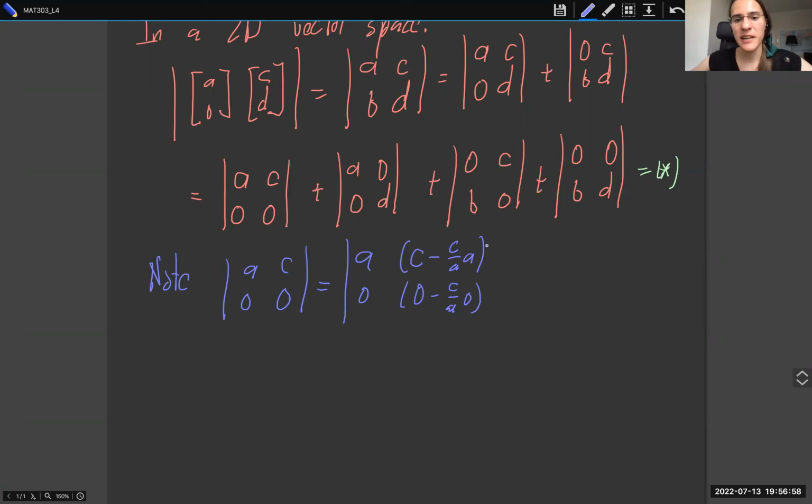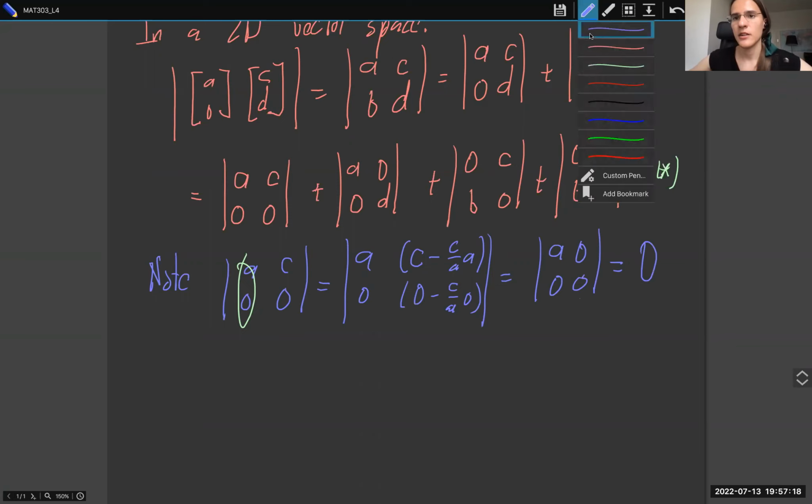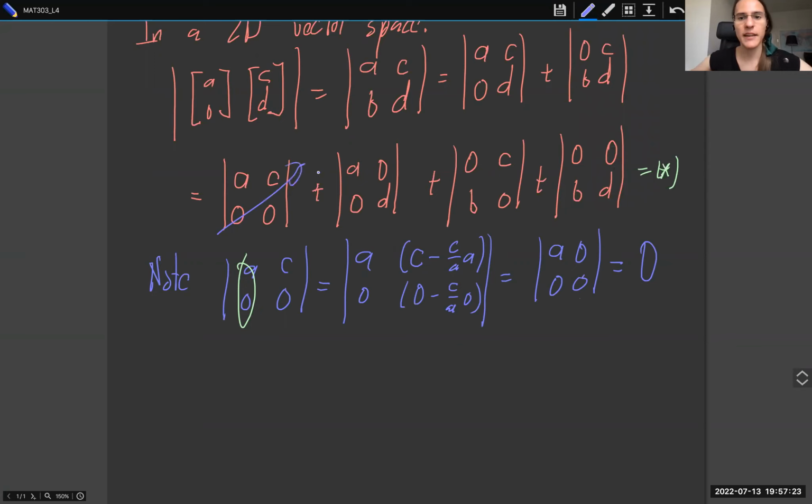So what I've done is taken this column and subtracted a suitable multiple of it from this column. Because doing that doesn't change the determinant, this is the same as the determinant of (A, 0), (0, 0), and because there's a 0 column here, that's 0. So this thing and this thing are both 0.